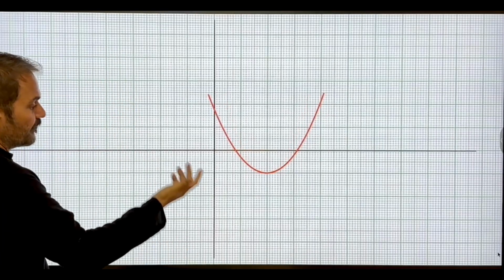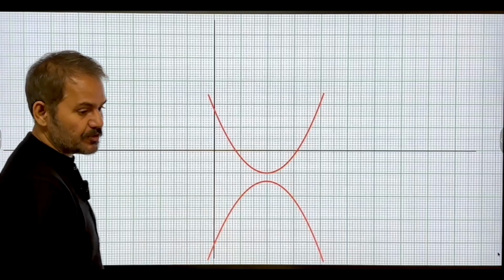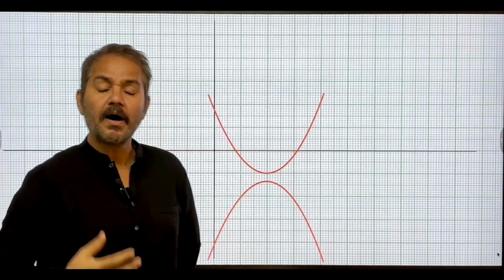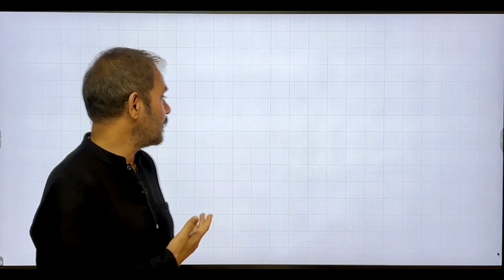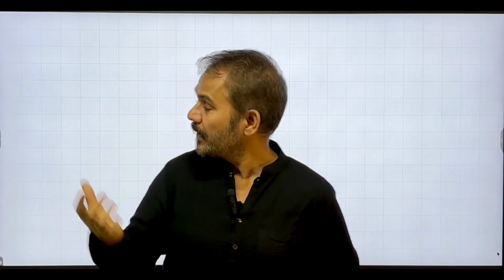Or if it is reflected, its equation will change. So today we will see how these transformations occur, how an object undergoes a transformation or a series of transformations, and what is its impact on the original equation of the graph.